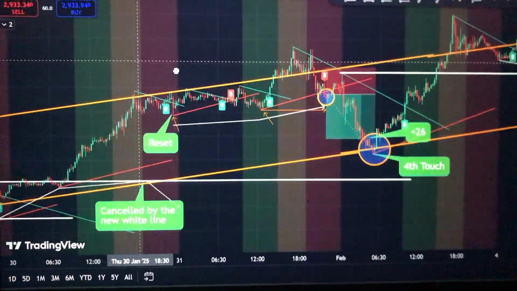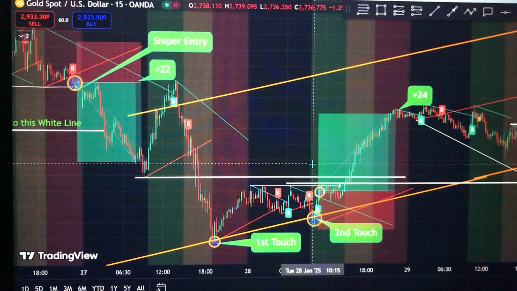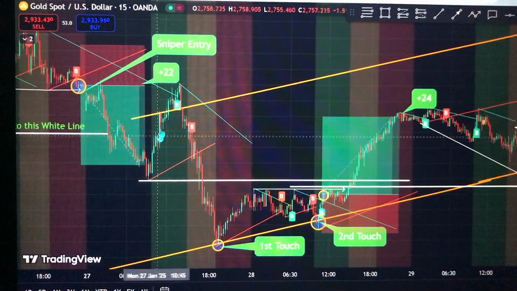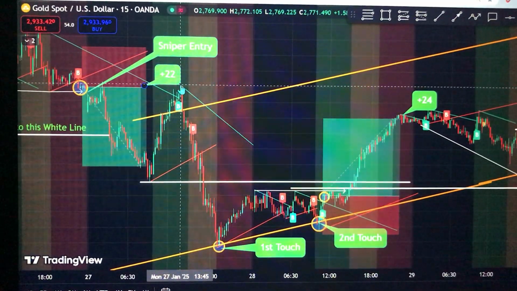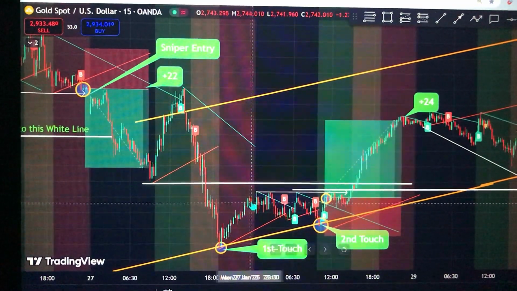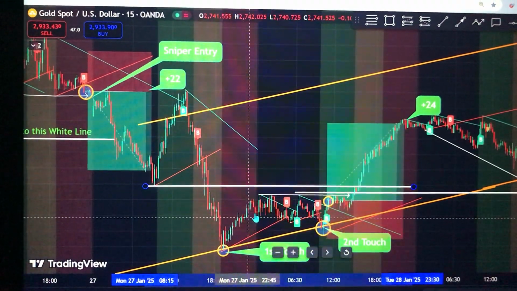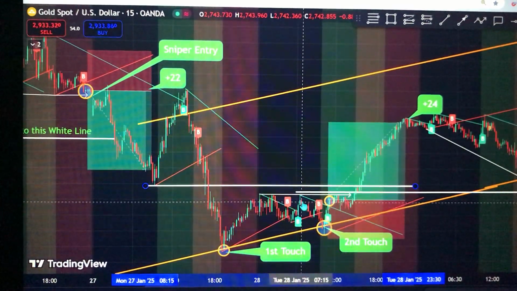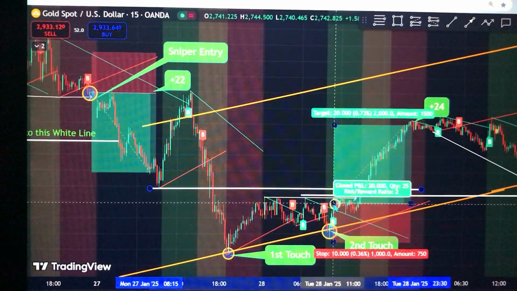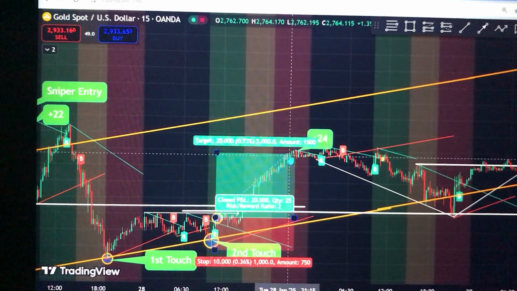See, let me show you another example here. Here's another example. Price gave this lower low here, and then gave a lower high, and then came and broke this lower low, came to the downside, and then it went up, but it failed to touch the white line, you can see, and then it came to create another green line here, and then it gave us a break, and on a break you enter, and as soon as you enter, price goes and gives you a take profit.